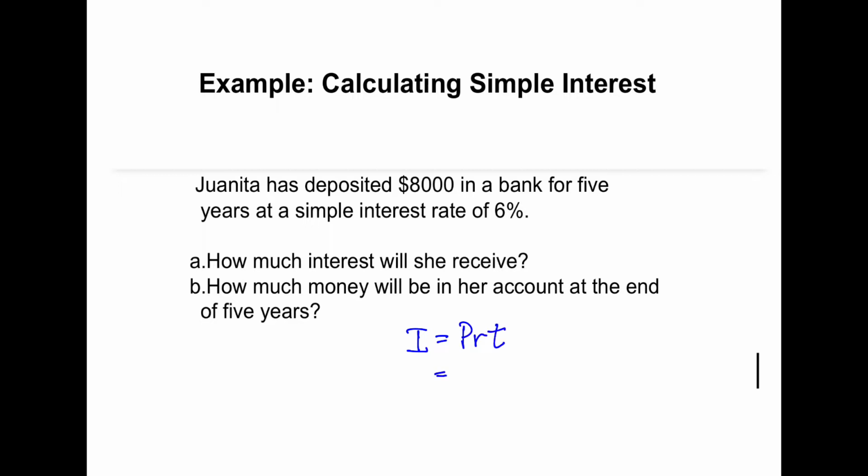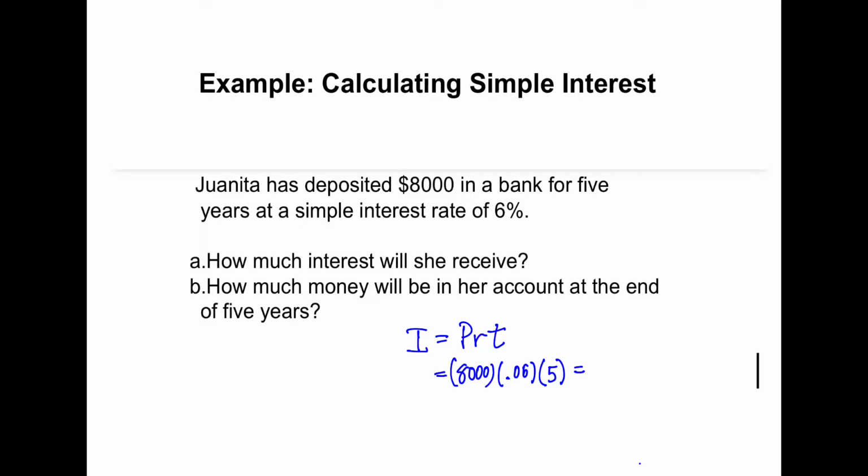Remember, I is the interest, the amount she's going to end up paying. My principal was the amount borrowed, so $8,000. The bank is borrowing $8,000 from her because she is putting it into the bank. The rate is 6%, so we're going to put that as 0.06. And the time period during which this is borrowed is 5 years, so we're going to multiply it by 5.